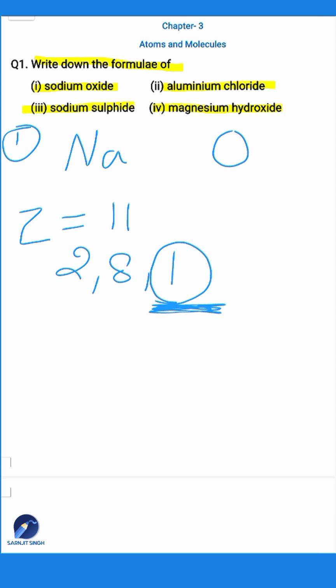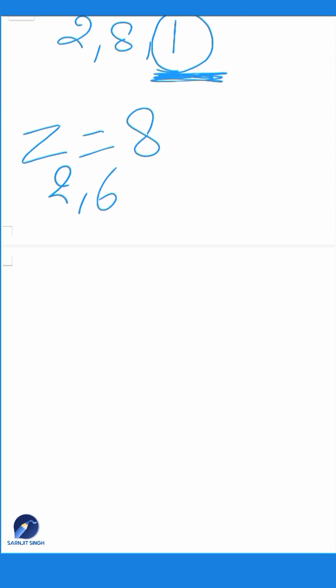Now in the case of oxygen, the atomic number is 8, so the electronic configuration of oxygen is 2 and 6. The outermost shell should have 8 electrons, but here only 6 are there, so it is easy for oxygen to gain 2 electrons instead of losing 6.